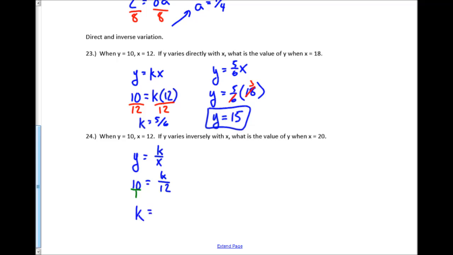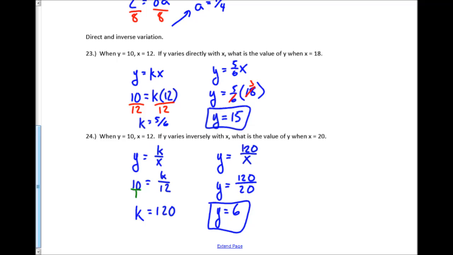So I find out that k equals 120, which means I'm dealing with this equation, y equals 120 over x. And I want to know what y is going to equal when x equals 20. So I've got y equals 120 divided by x, which is 20 this time. So I find out that y equals 6. And that's it. Okay?